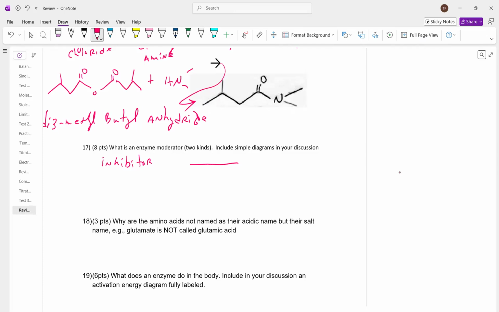Okay, so let's draw kind of like what I had in the presentation. So we had here's the substrate. And it's going to fit in here.